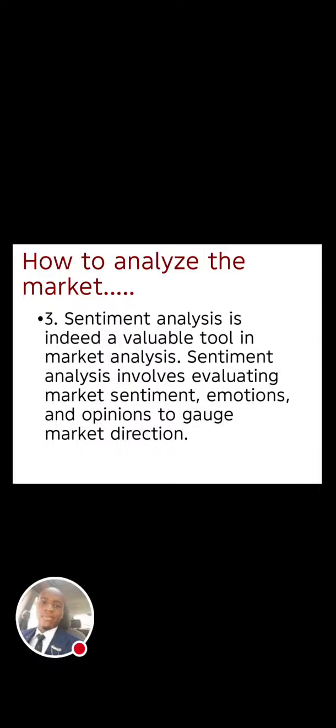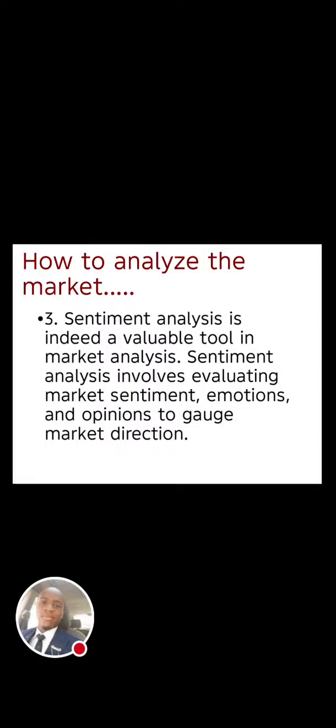So how do you analyze the market number three, which is sentiment analysis? And this is indeed a valuable tool in market analysis. Sentiment analysis involves evaluating market sentiment, emotions, opinions to gauge market direction.